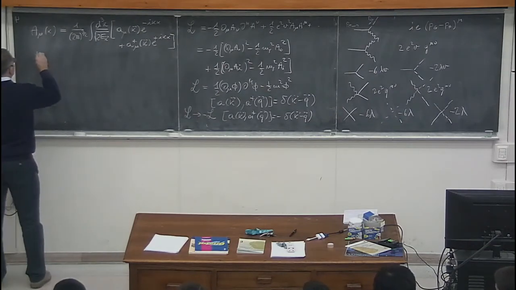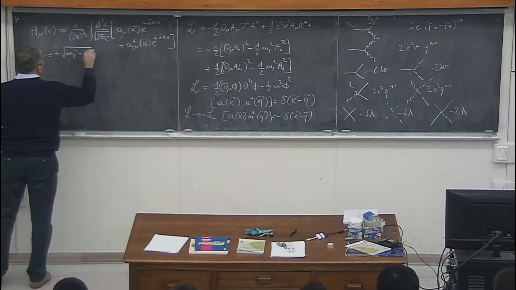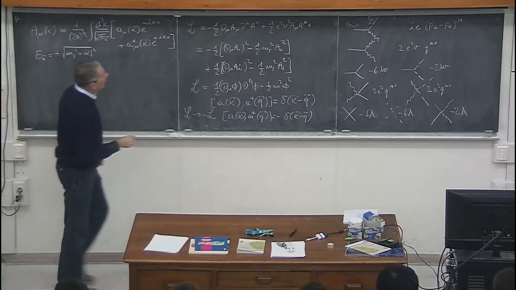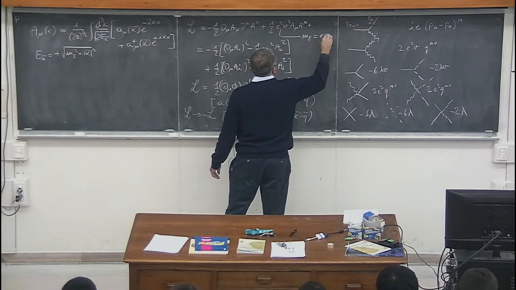The energy is plus root of m gamma squared plus modulus k squared. I am defining m gamma equal e v.